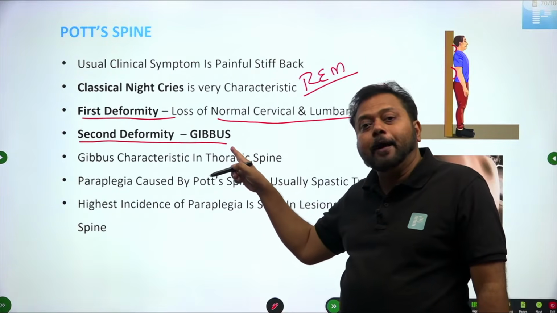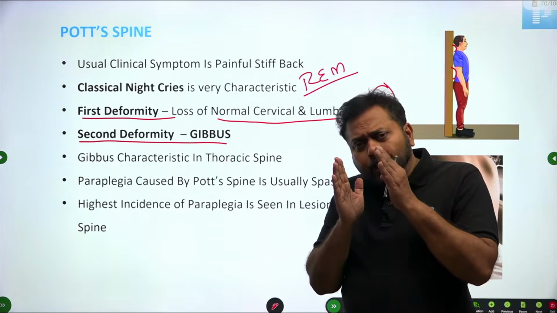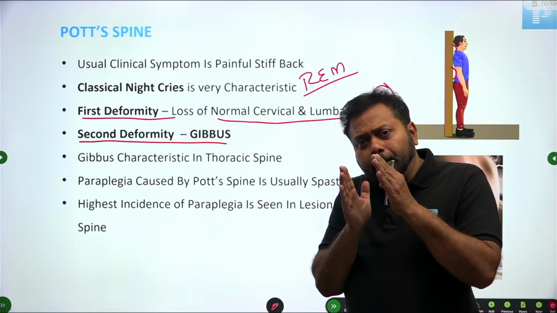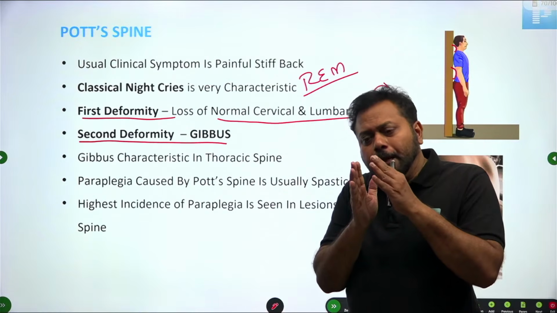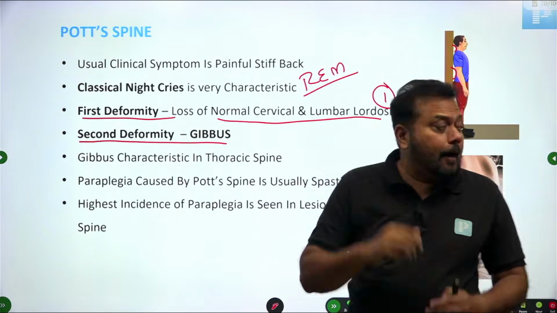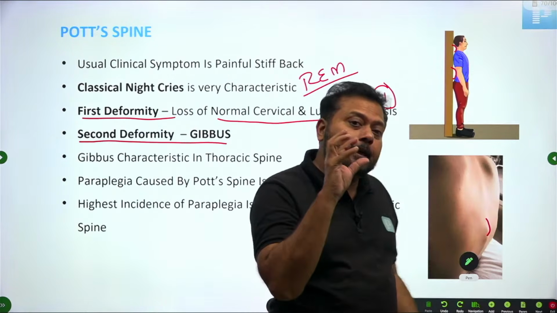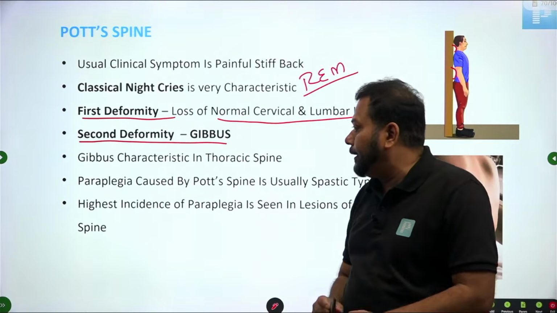The second deformity to happen is gibbus. Gibbus is in the thoracic vertebrae: 2 or 3 vertebral bodies collapse and all the spinous processes join together to form a hump-like thing. You are able to see it here. This is called gibbus, the second deformity.